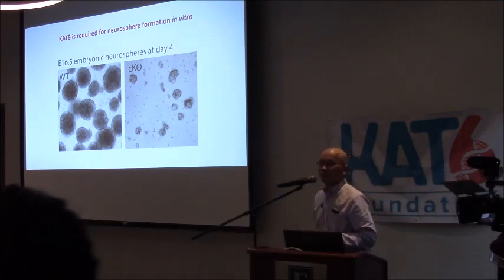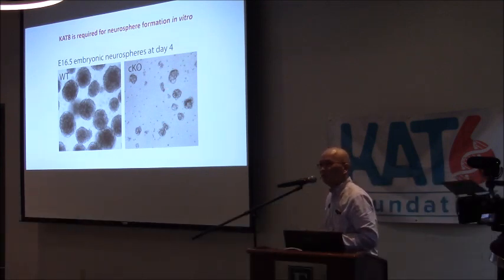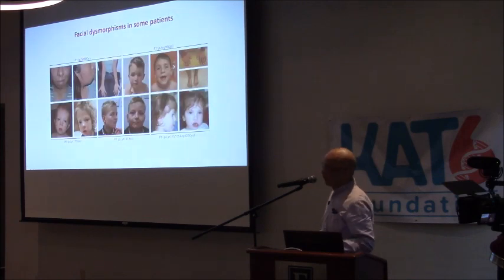So there's a neural stem cell defect. That's probably something we should also look at in Cat6A and Cat6B mice. And then also the question whether there are patients with Cat8 mutation.